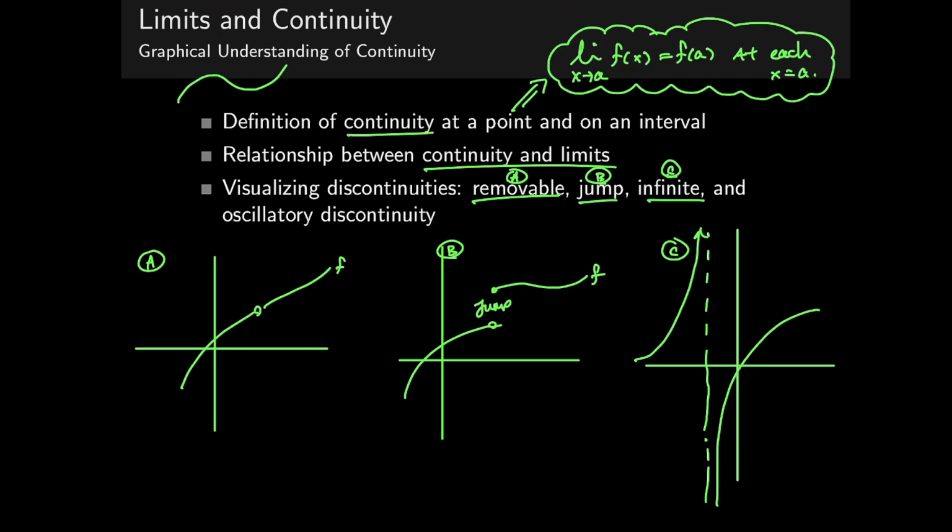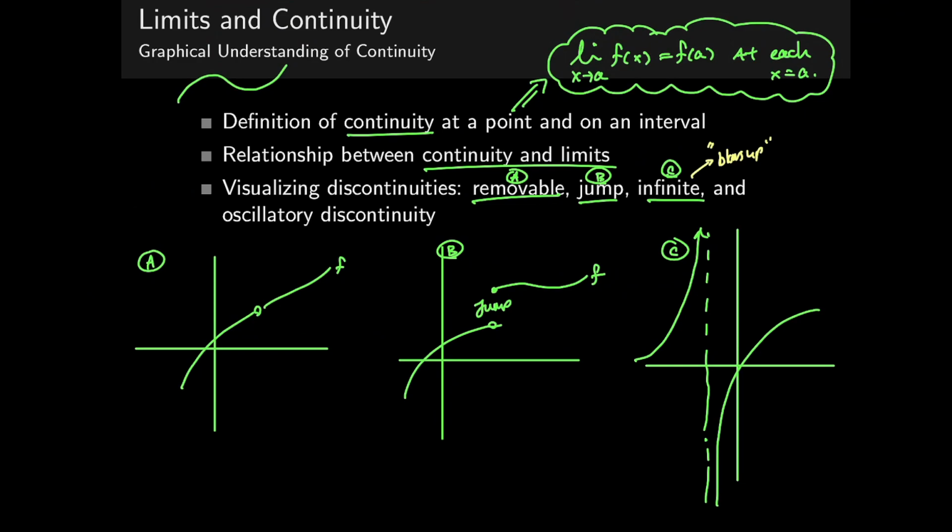Or they could be heading in the same direction, both heading off to positive or negative infinity around that. This is what we mean by an infinite discontinuity, or we say it blows up, meaning these values take on either gigantically positive or tremendously negative values. Something extreme is happening here.